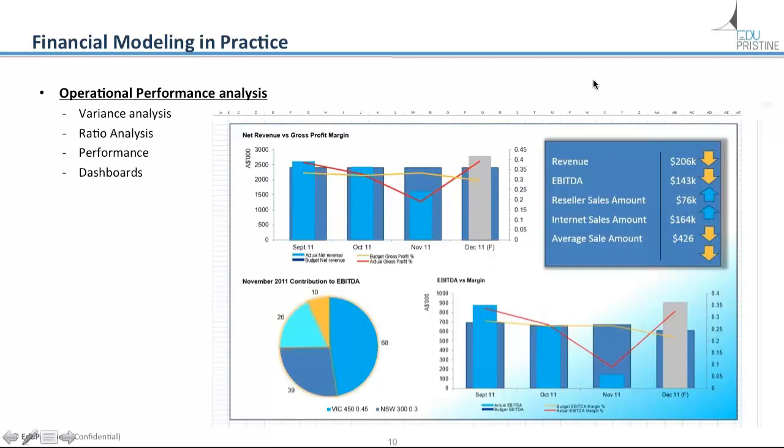And it's a really useful one-pager that would be presented to a board of directors or a management team to give them basically a one-page view of their business and the key drivers in their business. So some of the things that might be involved at this stage would be a variance analysis. Now, you might have heard of the ideas of a price variance or a volume variance.